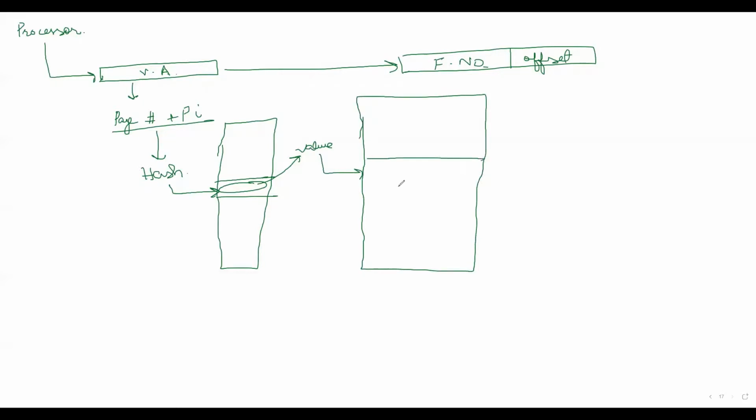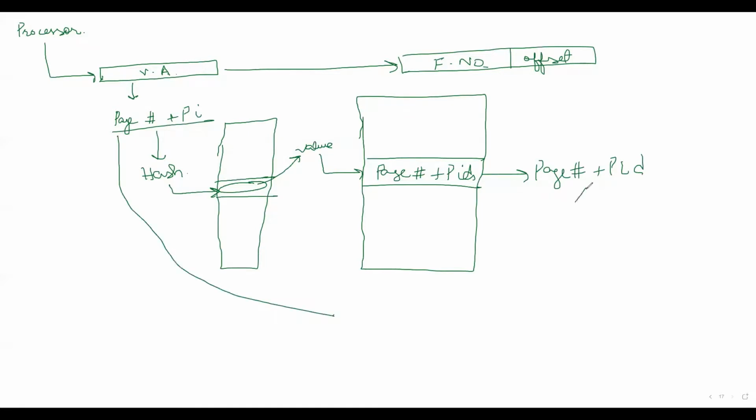This inverted page table stores the page number plus process ID, so from this page table we will get page number plus process ID. We compare this one with this one. If they are the same, it means this value points to this particular page number, so this particular value will be the frame number.